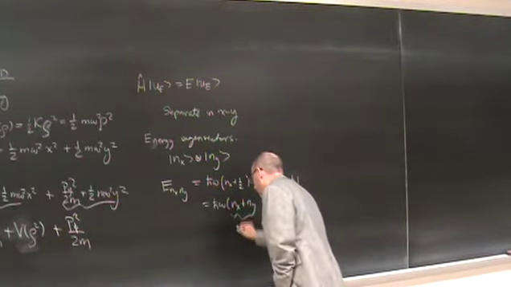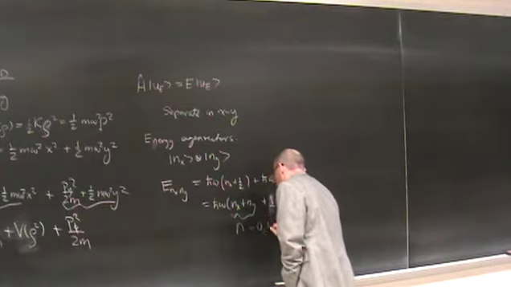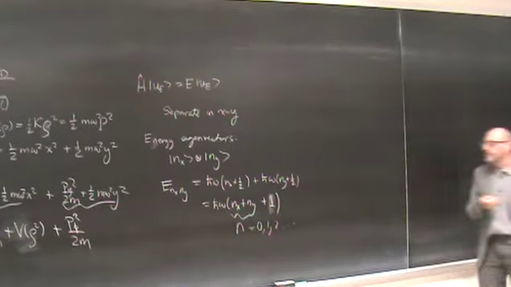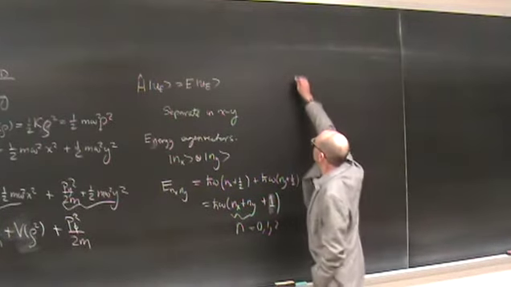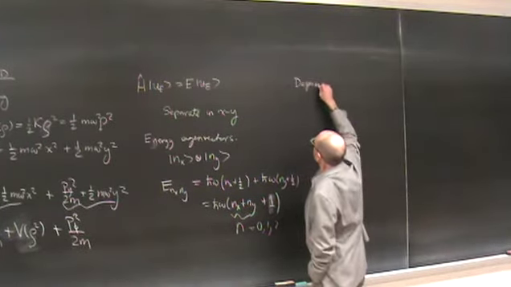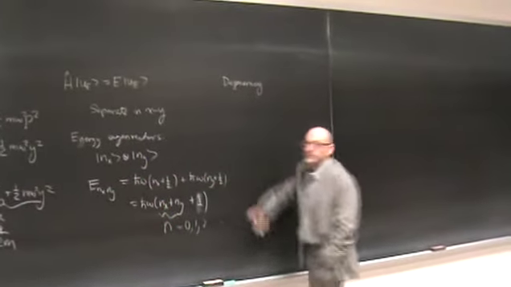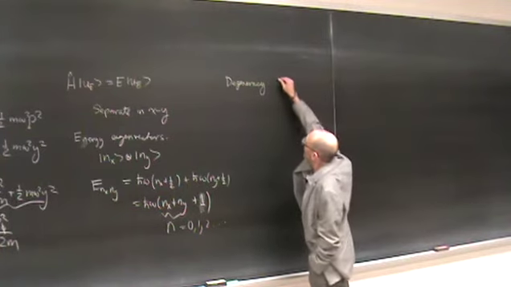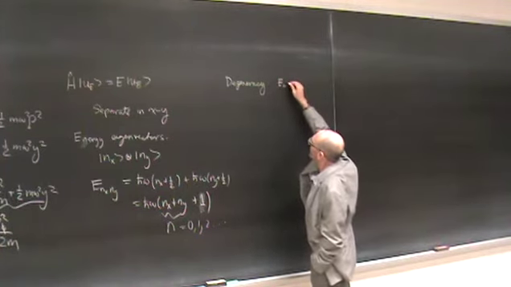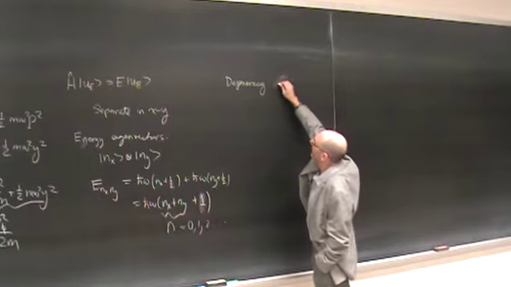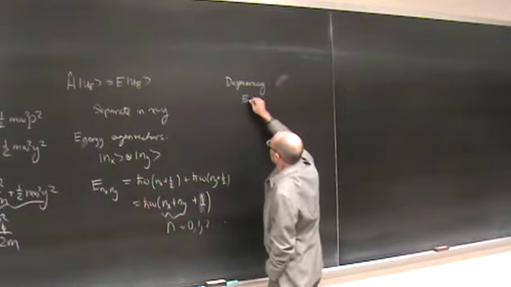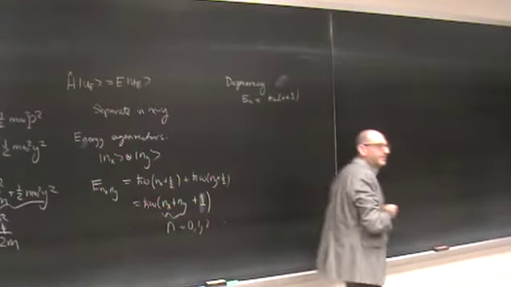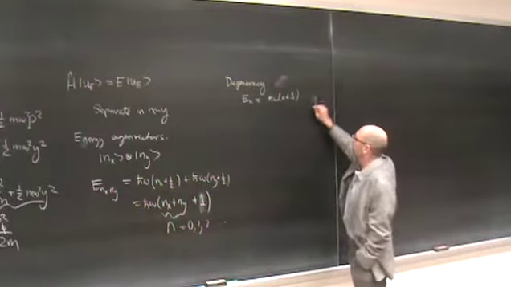So there's some quantum number n. This could be 0, 1, 2, depending on that value. And there's a degeneracy. That is to say, the energy here really only depends on some quantum number n. The energy is h bar omega n plus 1, with the degeneracy.